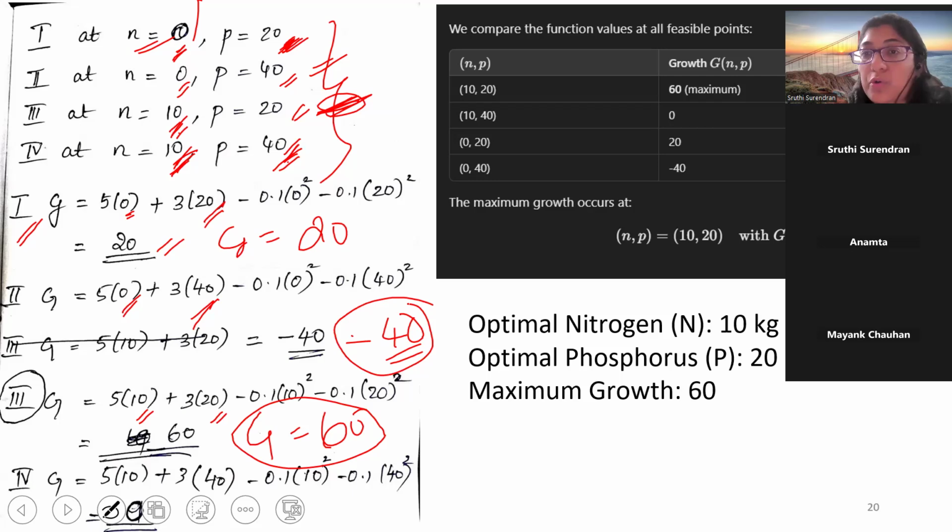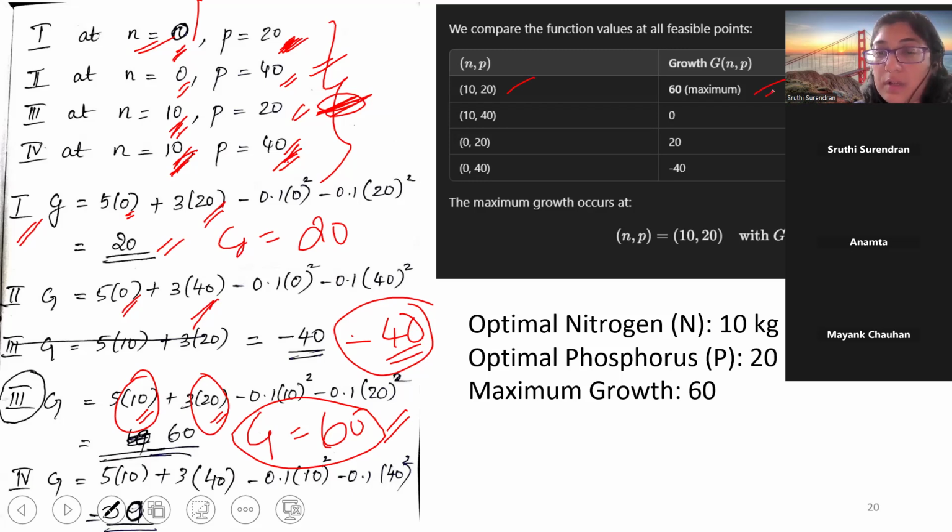So what we want is the maximum growth. So the optimal nitrogen content will be 10. Optimal phosphorus content will be 20 and the maximum growth is going to be 60. So for this condition, that is the upper limit of nitrogen and lower limit of phosphorus, we are getting the maximum growth.